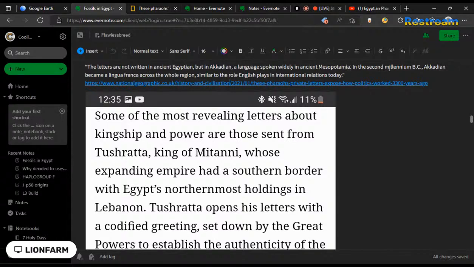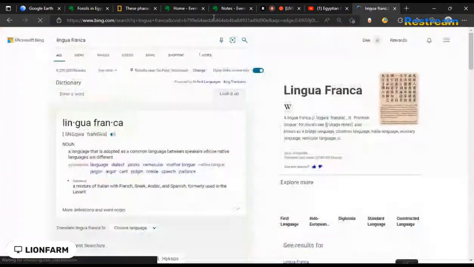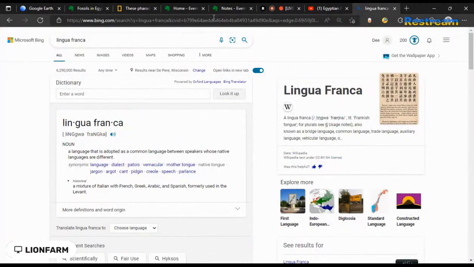In the second millennium BC, so about 2000 to about 1000 BC, you'll get a change of basically what they call a lingua franca, right? Basically, you can get a little understanding of it. Let me just copy it and point out what it is. It's basically like how English is, right? A lot of people are not Englishmen, but they speak English.